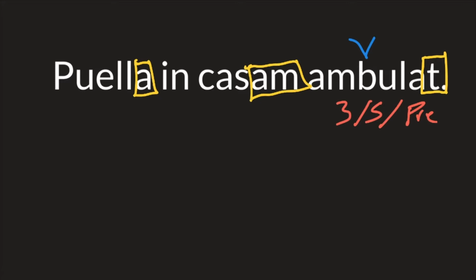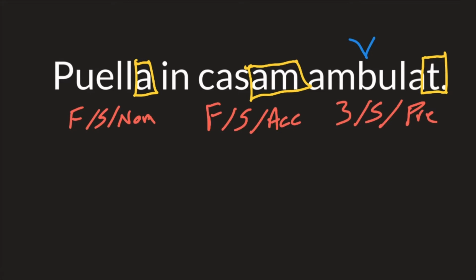And when we do that, we see very quickly that puella is feminine, it is singular, and it is nominative, the very first ending on the list. And then casam is also feminine. Most of our first declension words are feminine. It's in the singular column, the left-hand column, just like the puella. And it is accusative.